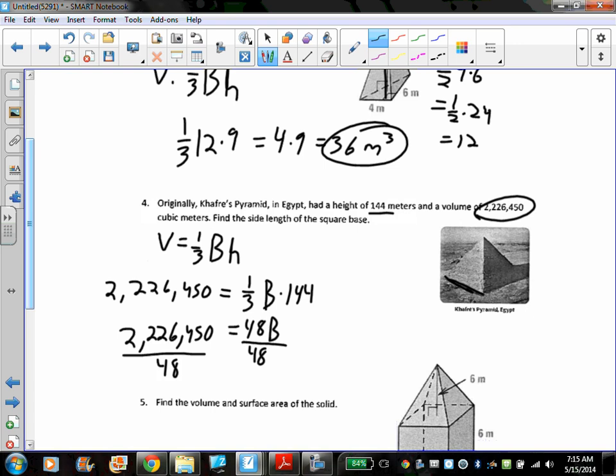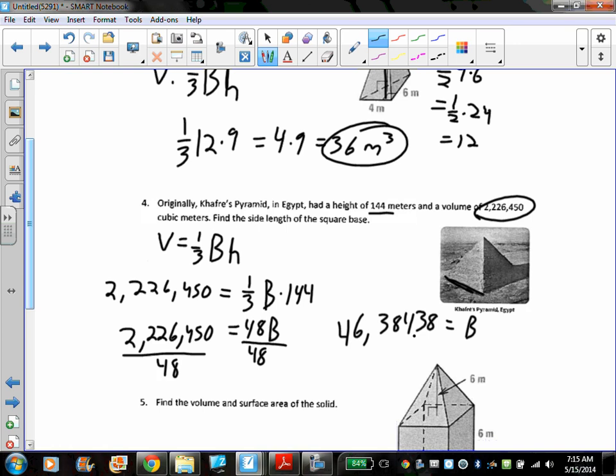So 2,226,450 divided by 48. So we get that the base is about 46,384.38 meters squared.